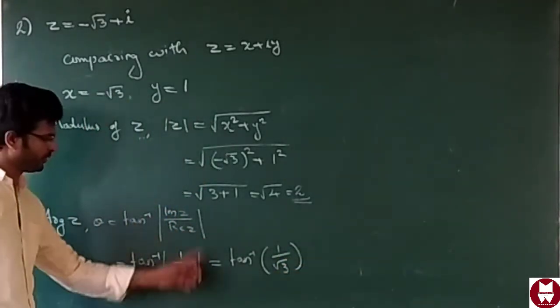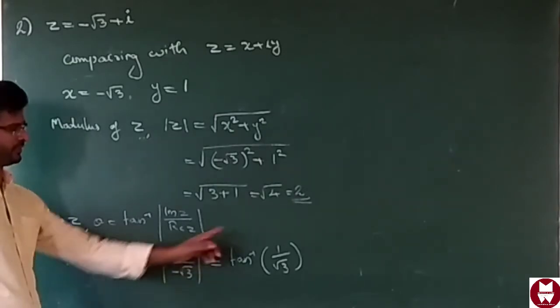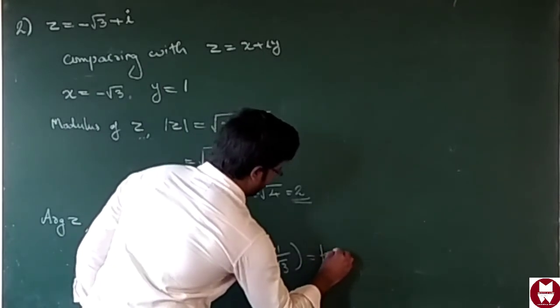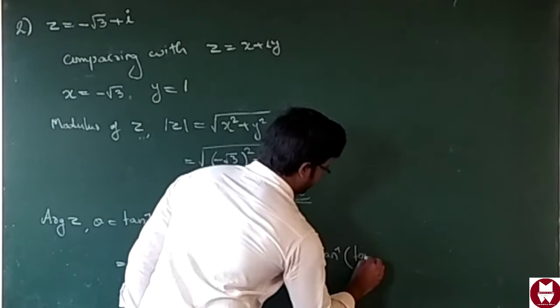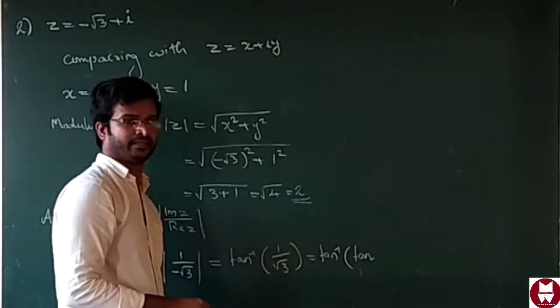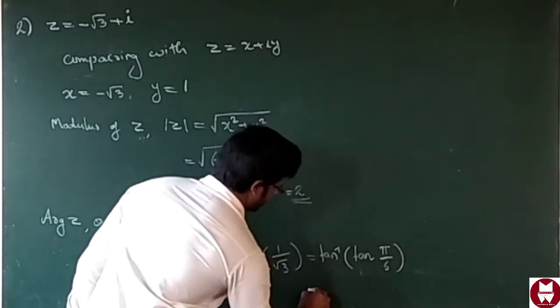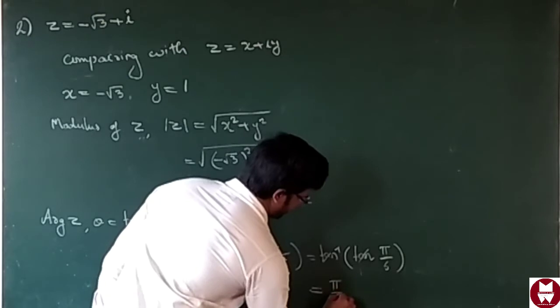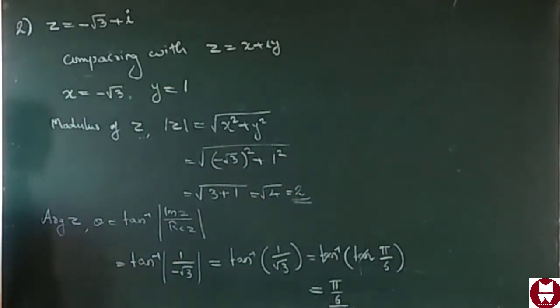When you take modulus of 1 by minus root 3, this minus is not needed after taking modulus. Tan inverse 1 by root 3, we can write tan 30, isn't it? 30 means pi by 6. Tan inverse tan cancels, then pi by 6. You will get theta equal to pi by 6.